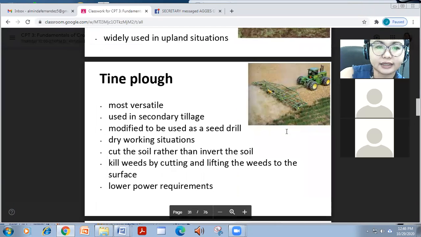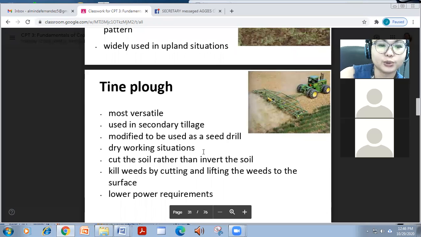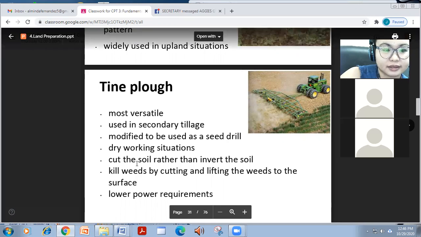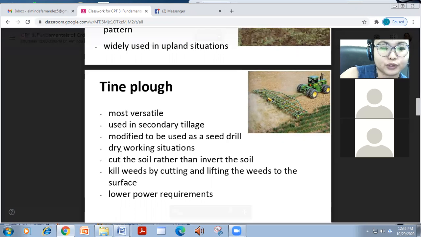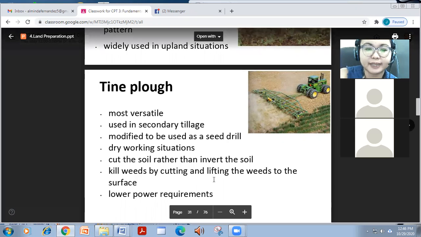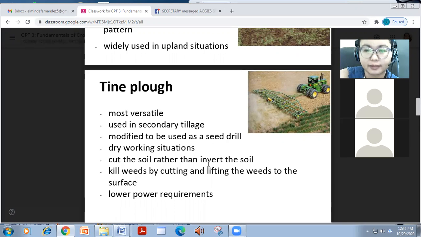And lastly, the tine plow, the most versatile, used in secondary tillage, modified to be used as a seed drill. It is good for dry working situations and cuts the soil rather than inverting it. It also kills weeds by cutting and lifting the weeds to the surface, and has low power requirements.